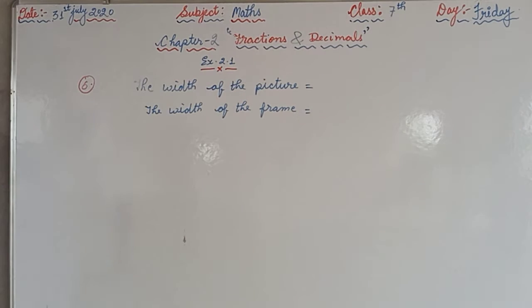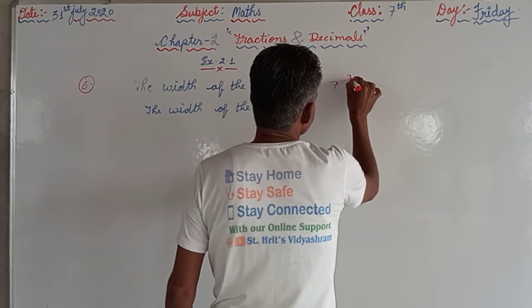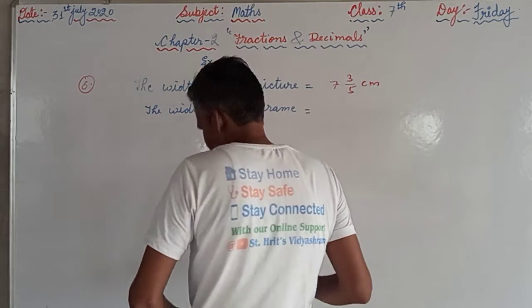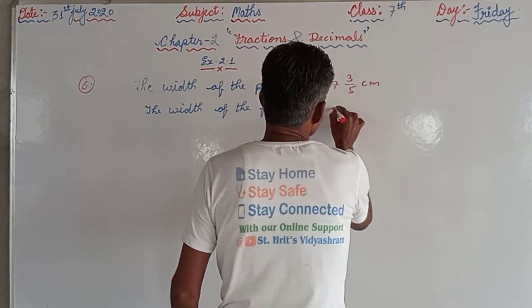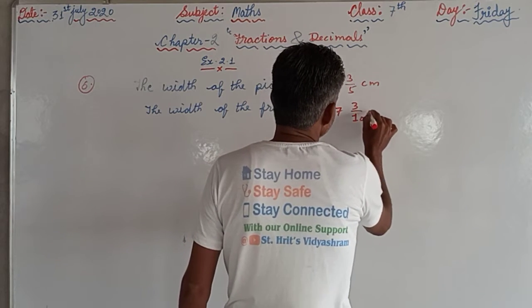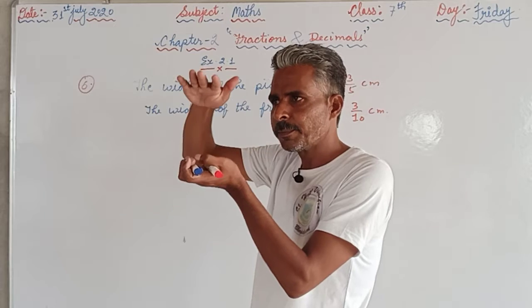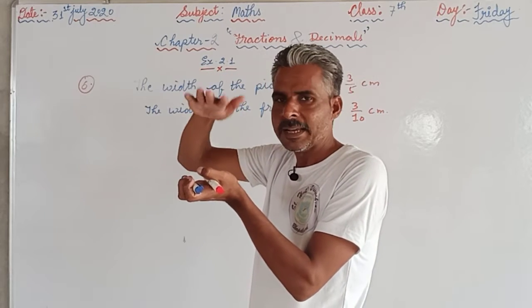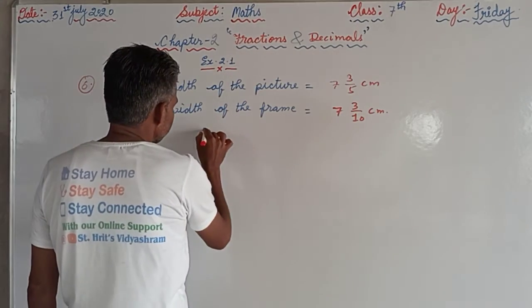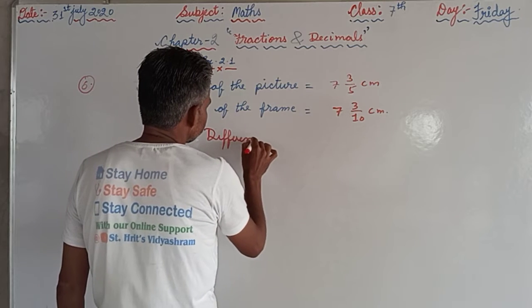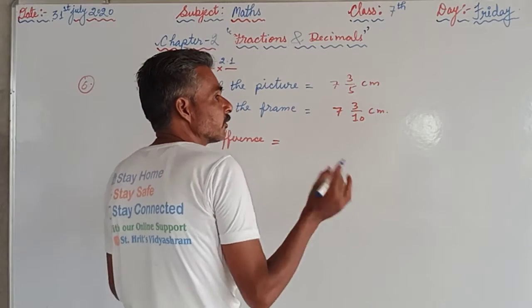Width of the picture is 7 and 3 by 5 centimeter, and the width of the frame is 7 and 3 by 10 centimeter, which means the picture is somehow wider than the frame. Frame is somehow smaller in width as compared to the picture. So how much the picture is to be trimmed means what is the difference? Difference means the width of the picture minus the width of the frame.